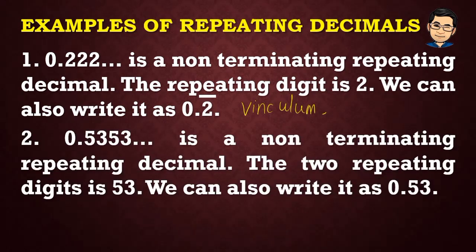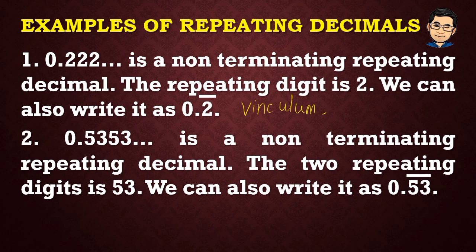Number 2 naman, 0.53, 53, 53 and so on is a non-terminating repeating decimal. So, dalawa ditong digits ng given natin ay nagre-repeat, which is 53. So, we can also write it as 0.53 and then lagyan natin siya ng vinculum. So, dun sa first given natin, since isa lang yung nagre-repeat na digit, isang number lang ang pwedeng nating lagyan ng vinculum.